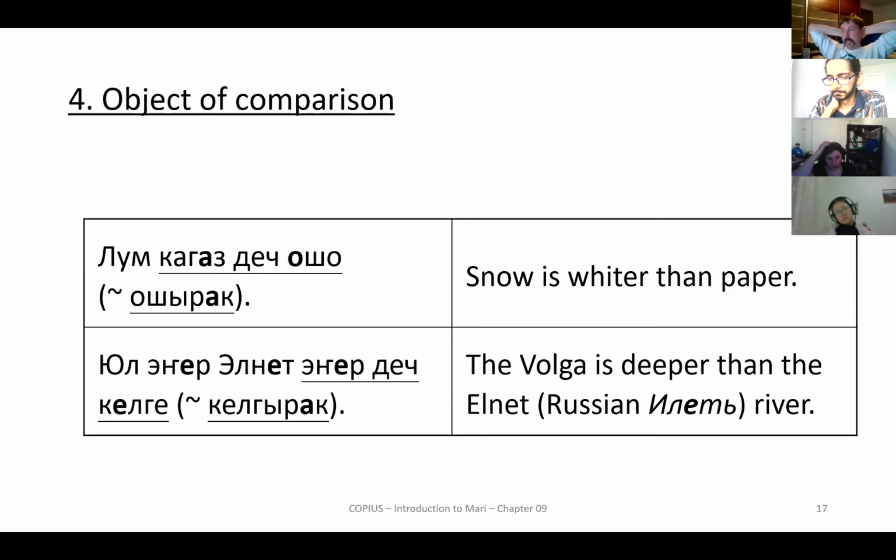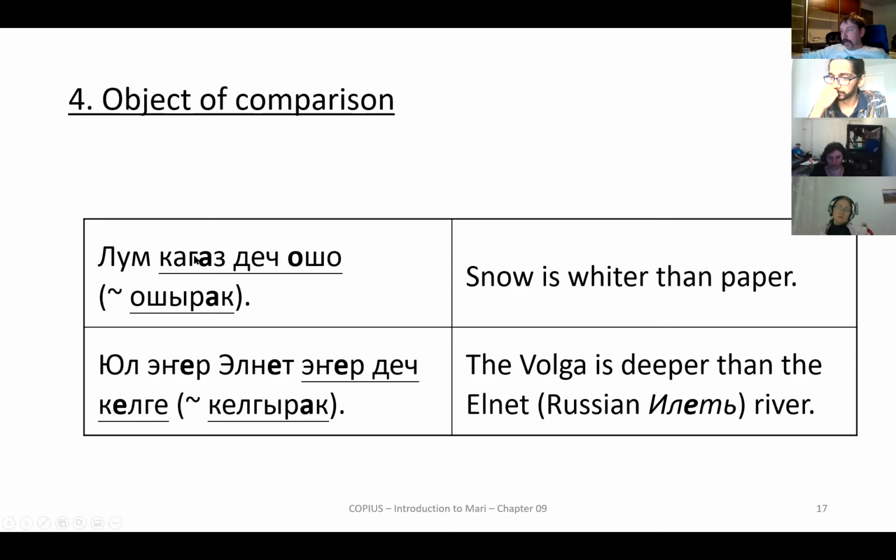Coming back to the comparison of adjectives and adverbs. This is something that will seem very familiar if you know Mordvin languages. If you make a comparison in Mari, and you're saying X is more Y than Z, like lum kagastech osho rak, snow is whiter than paper.